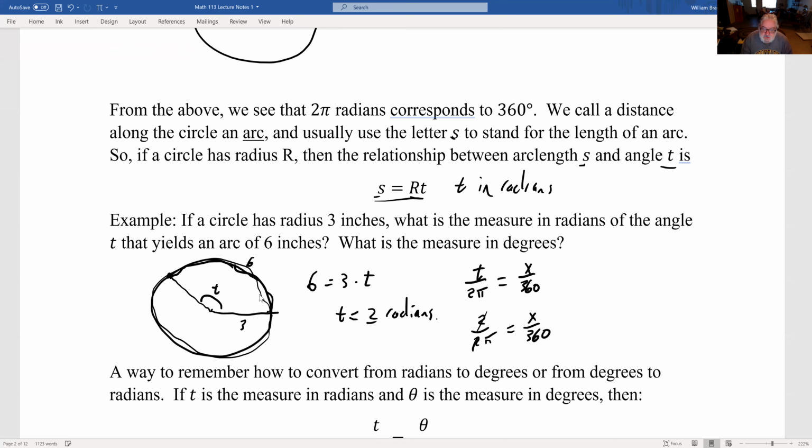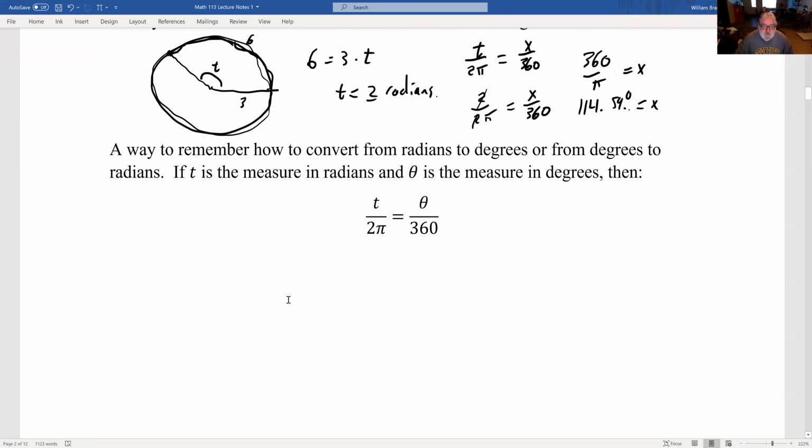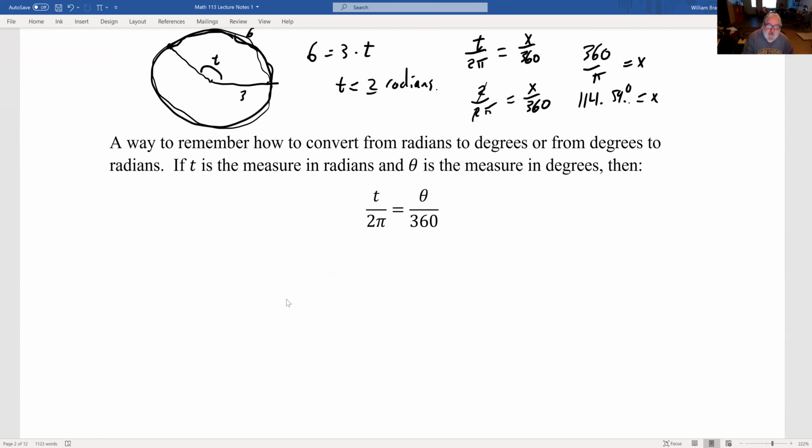I can cancel my 2's, multiply both sides by 360, get 360 over pi is my angle in degrees. And if you divide that out on your calculator, you get 114.59 degrees equals x. And you know, there's more decimals there. And so that's how we can convert between radians and degrees.